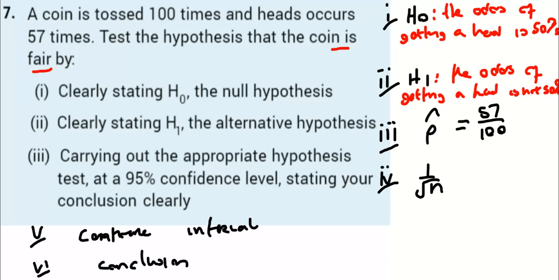What about the p-value? 57 over 100 is 57%. Your margin of error, 1 over the square root of 100, which is 0.01, yeah? Or 0.1.